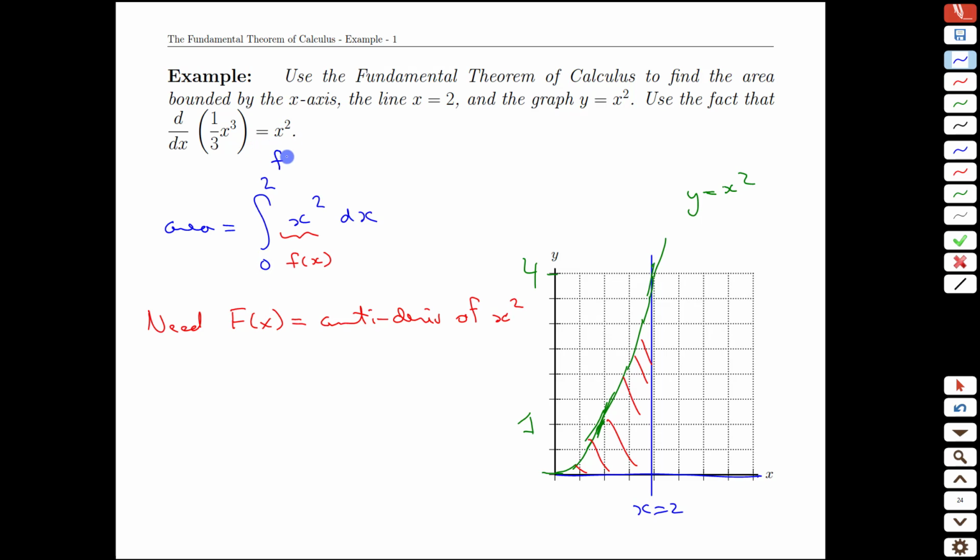If our little f of x is x squared, and we want the antiderivative, we're going to get 1/3 of x cubed, because if I differentiate 1/3 of x cubed, I get back to x squared. So we have the antiderivative this way and the derivative this way. So 1/3 of x cubed is what we're looking for to apply our fundamental theorem of calculus.